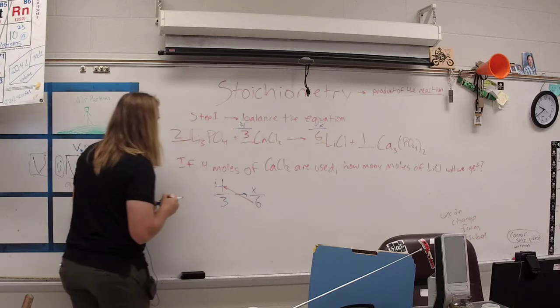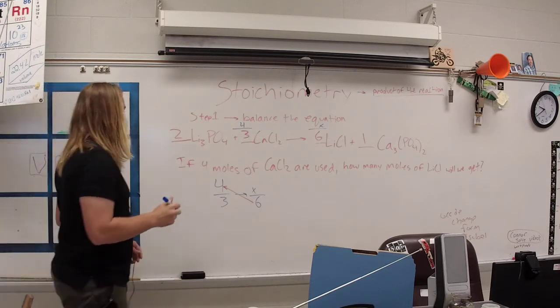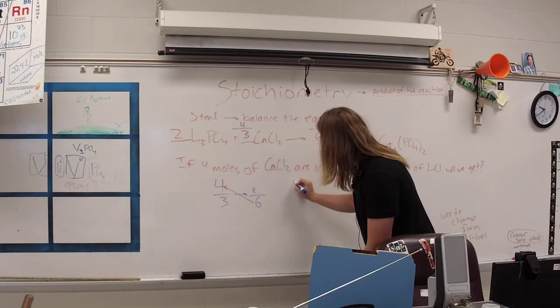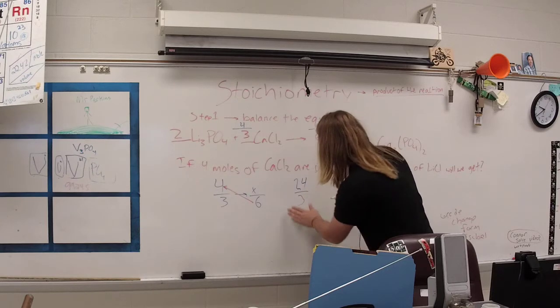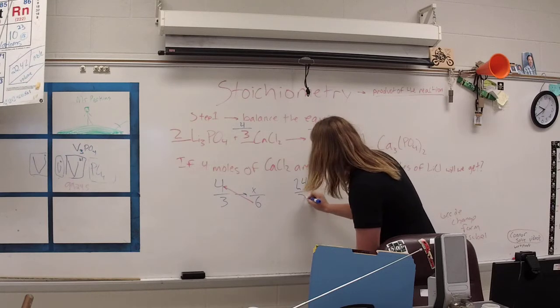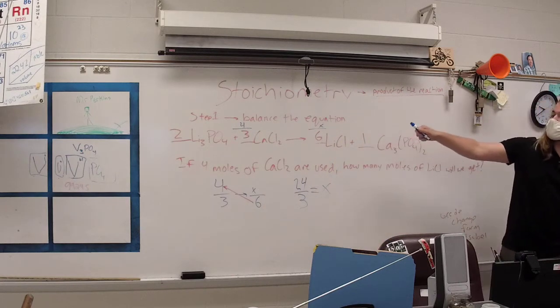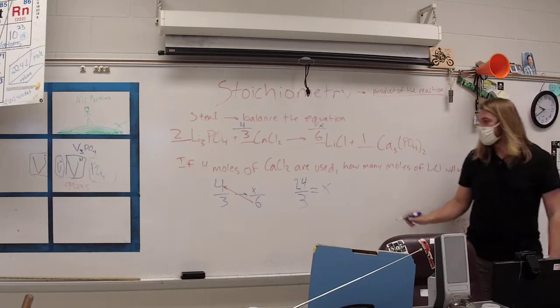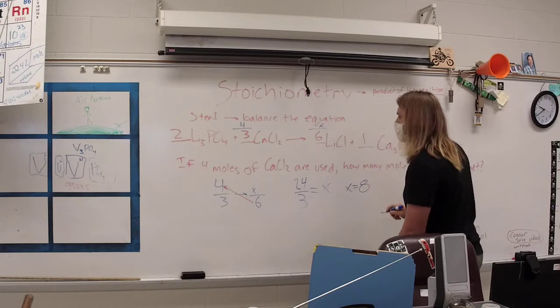Multiply by the denominator, right? 6 times 4 is equal to 24. That divided by 3 is equal to X. You guys see that? 24 divided by 3 is equal to X. That's how we do that. That means our X is going to equal 8.